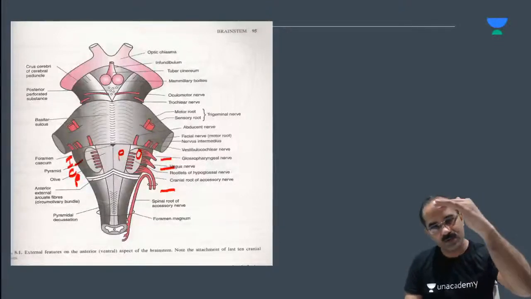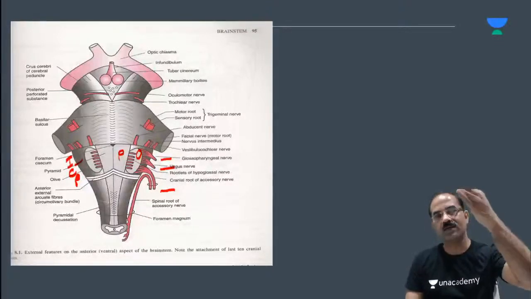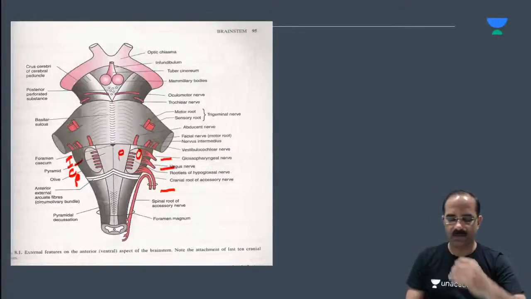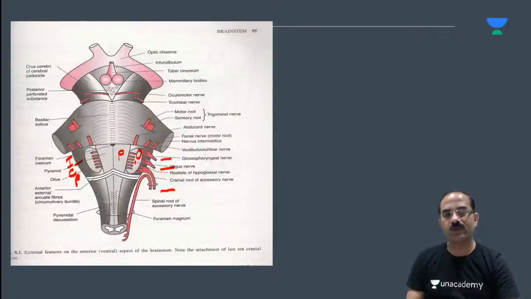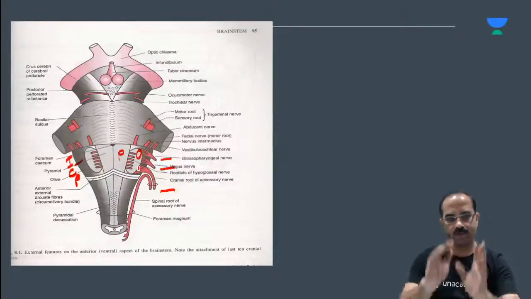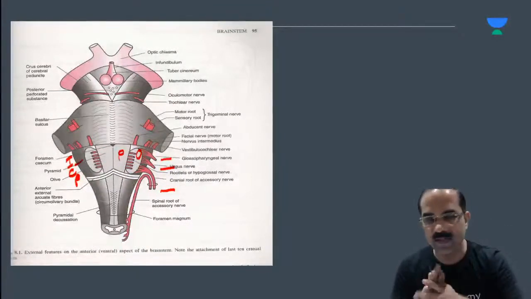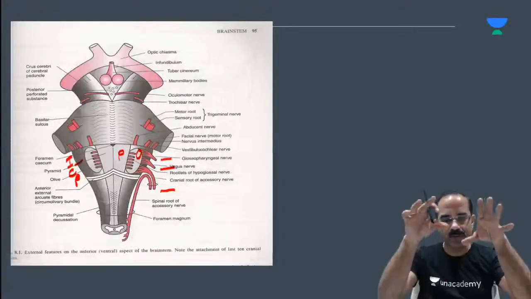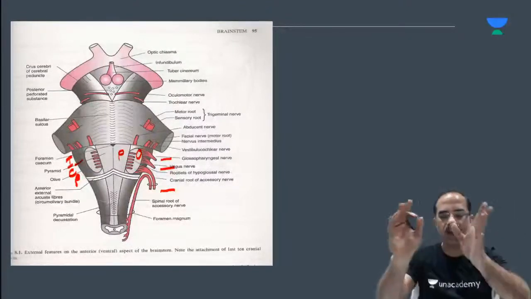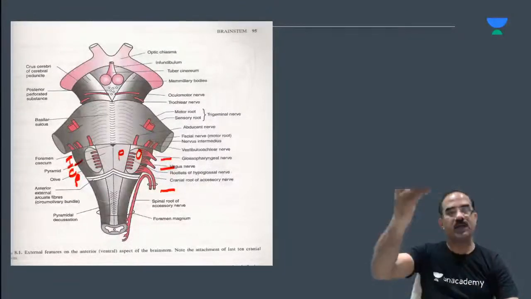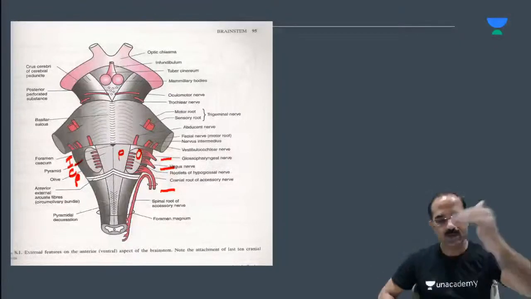The 9th nerve is the most cranial, next is the 10th, and next is the cranial accessory. And between the pyramids and the olives, who is attached? The 12th nerve. Fine students? So that's the glossopharyngeal nerve attached to the brainstem, between the olives and the inferior cerebellar peduncle, above the 10th nerve.